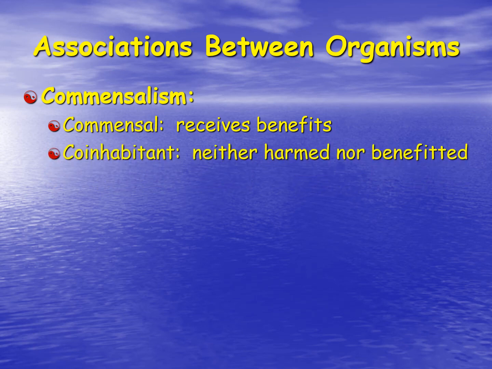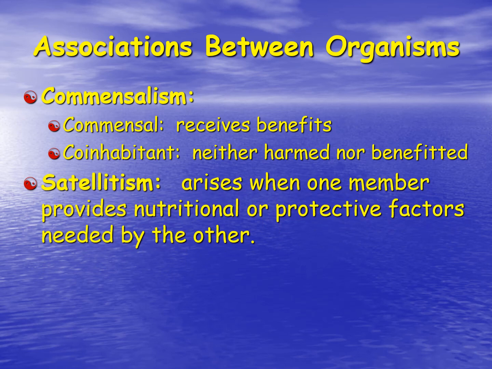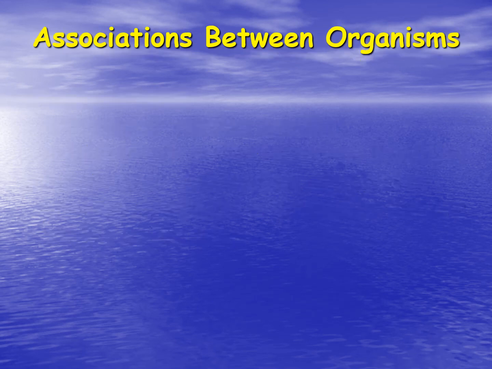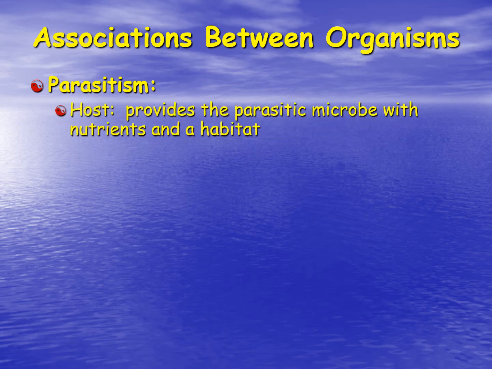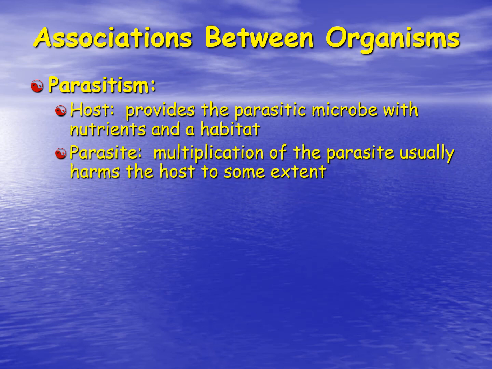So the commensal organism receives the benefits, and the co-inhabitant is neither harmed nor benefits. Satelliteism arises when one member provides nutritional or protective factors that are needed by the other. In parasitism, the host provides the parasitic microbe with nutrients and a habitat, and the multiplication of the parasite usually harms the host to some extent.